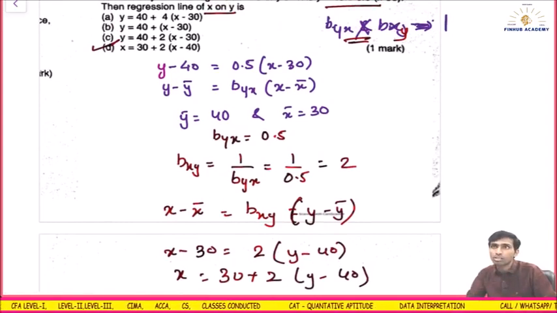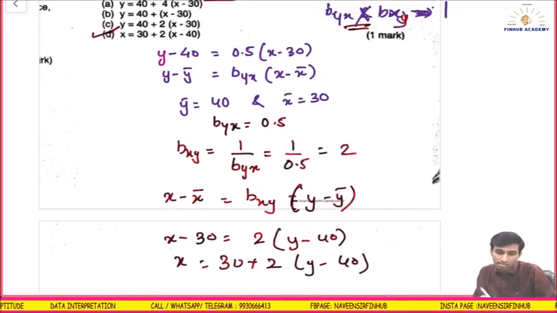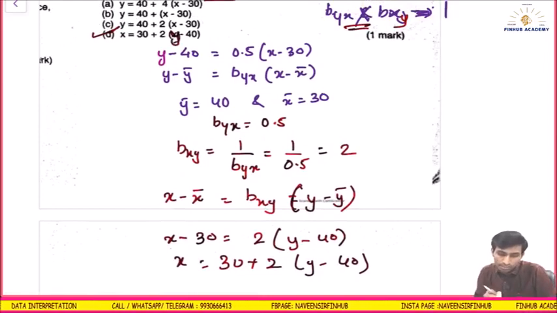Which is the option? Yes, D should be the answer, but I think there is some mistake in this also. Here it is y minus 40. There is some mistake in the question.